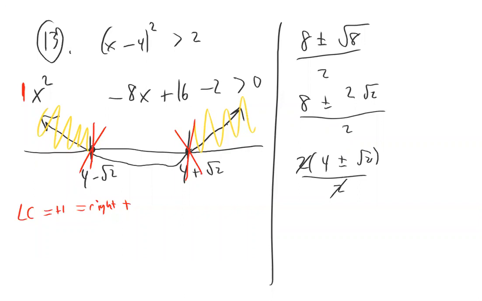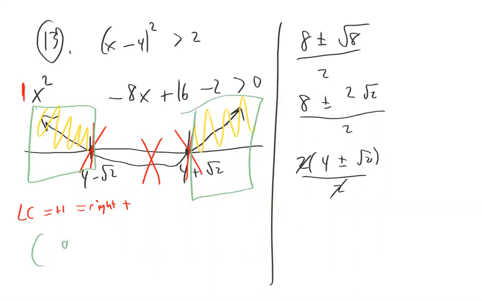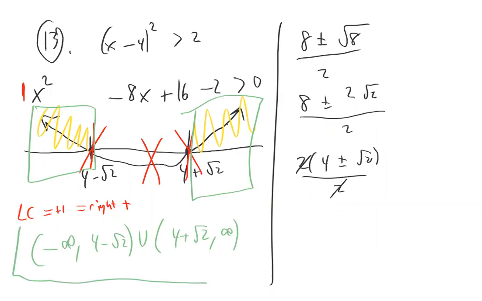And when it's less than 0, it does not work, so that part is out. So the answer is this little region and this other region. It goes from negative infinity to 4 minus the square root of 2, union, and then from 4 plus the square root of 2 to infinity. And that is the solution.